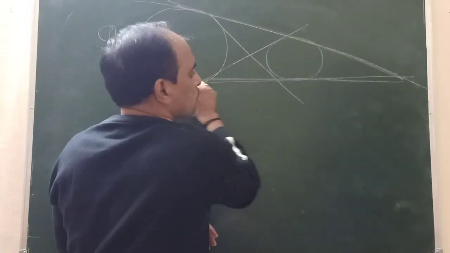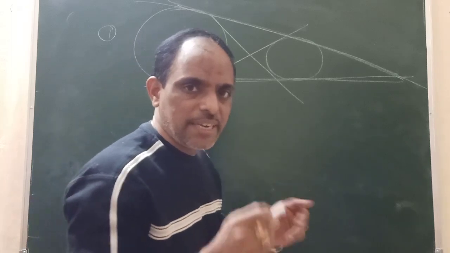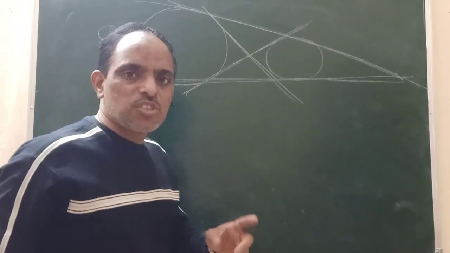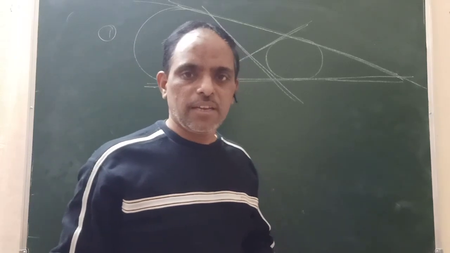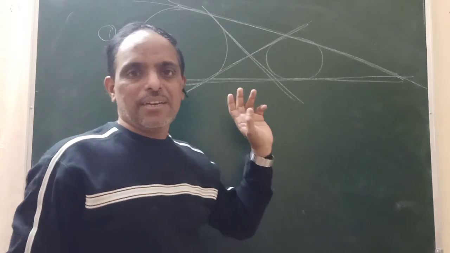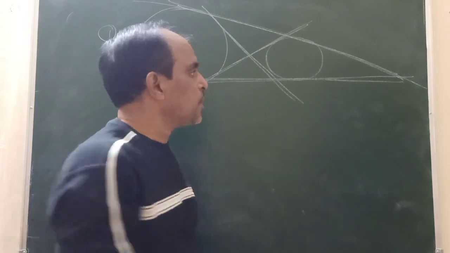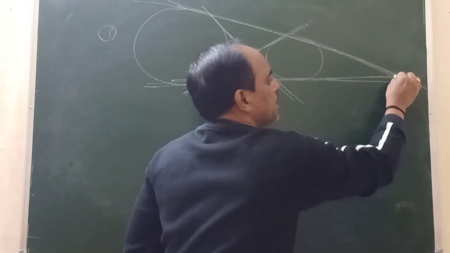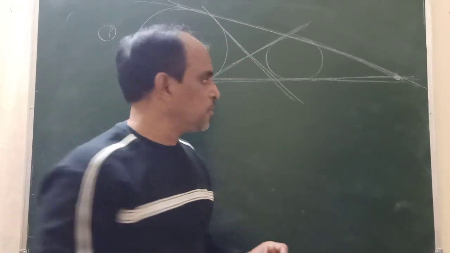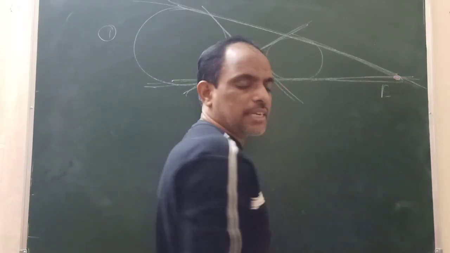These type of tangents are called direct common tangents, and these type of tangents are known as transverse common tangents. These are direct common tangents and these 2 are transverse common tangents. The point where the direct common tangents intersect is called the external center of similitude.